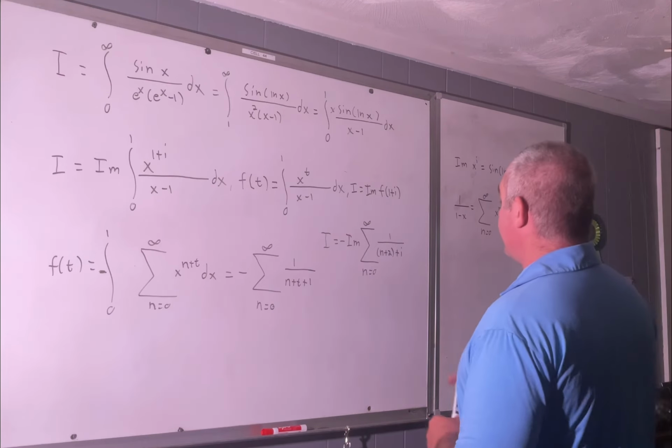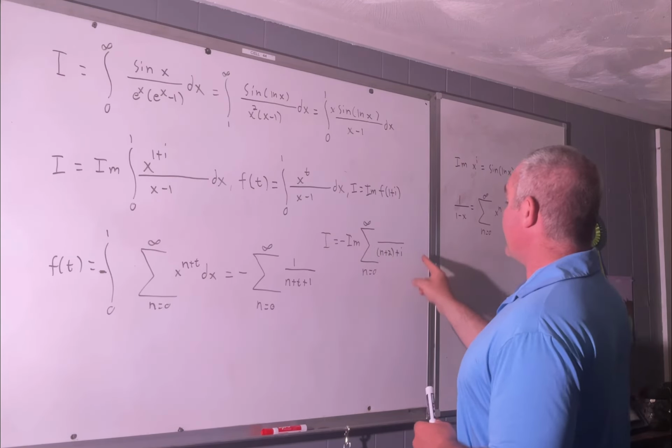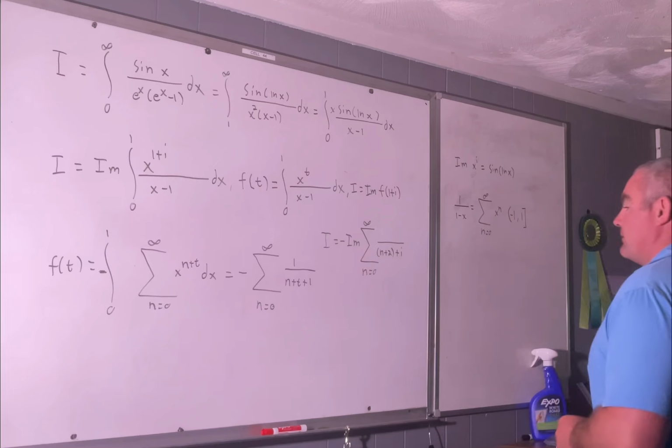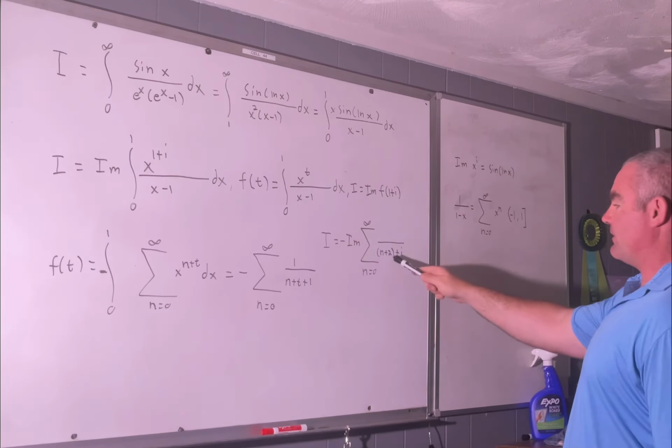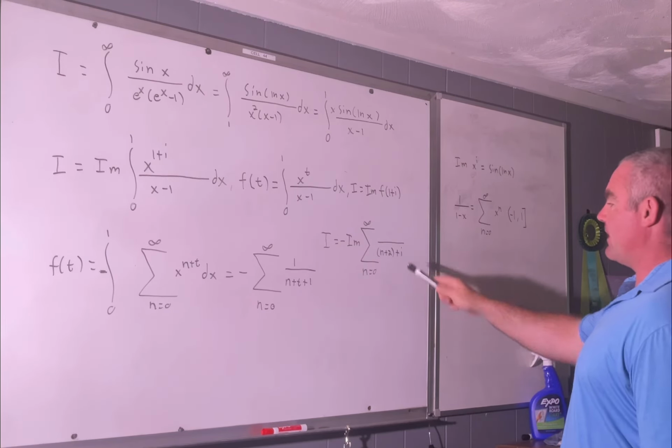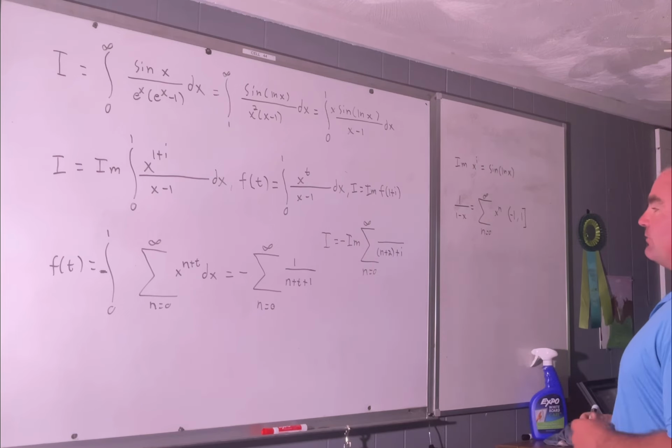So now what we want to do is multiply the top and the bottom of this by the complex conjugate. We have some real part and an imaginary part. So we're going to multiply the top and the bottom by n plus 2 minus i.